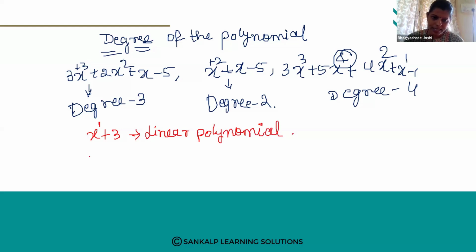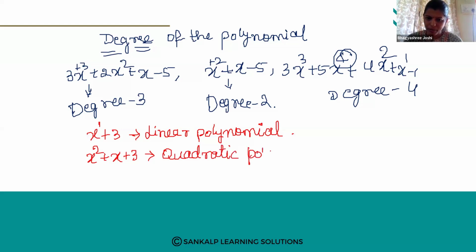Next, x square plus x plus 3. Here the highest power is 2. Observe here, 2 is there, 1 is there. So 2 is the highest power. That means the degree is 2 here. If the polynomial has degree 2, then it is called a quadratic polynomial.